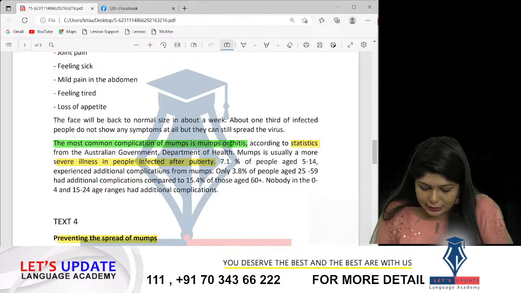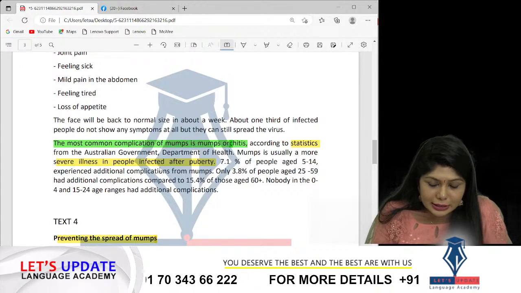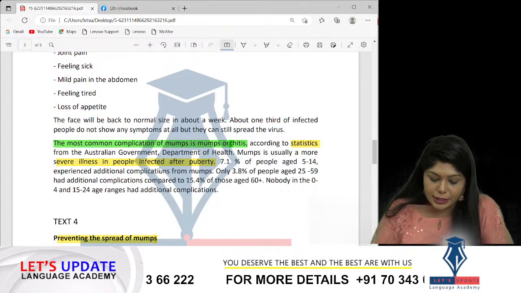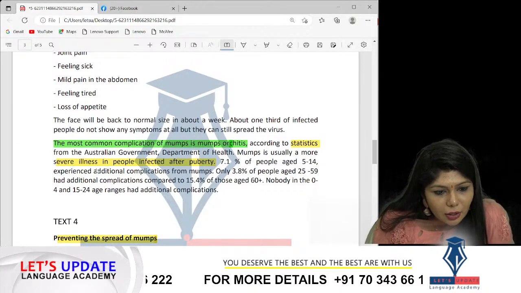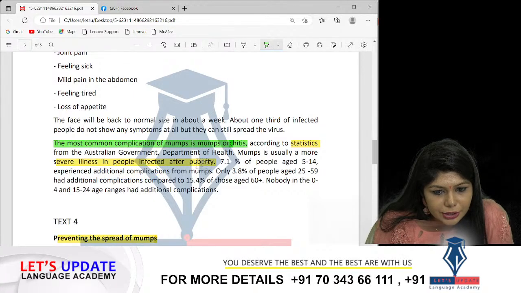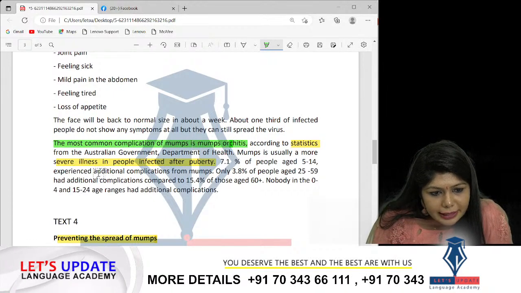The question they have asked us is how many, what percentage or number of people aged 25 to 59 had additional complications from mumps. The additional complication, that is something they have mentioned here. I'll highlight that information. So let's see about additional complications.